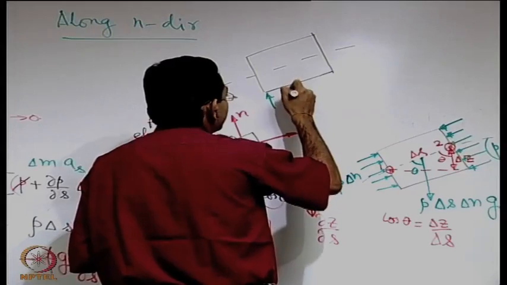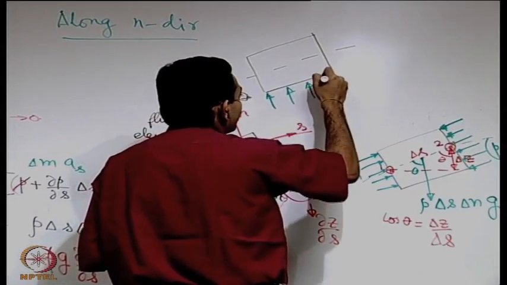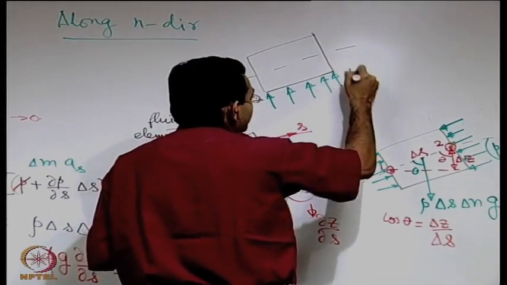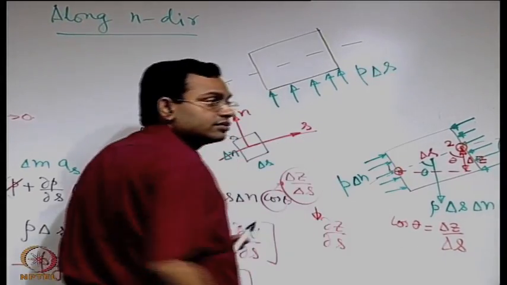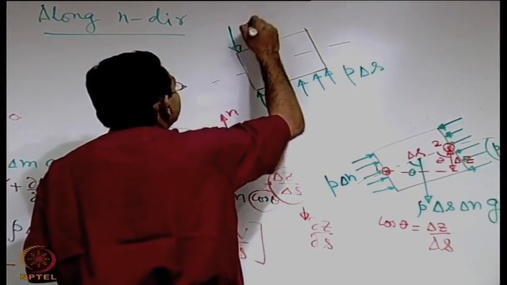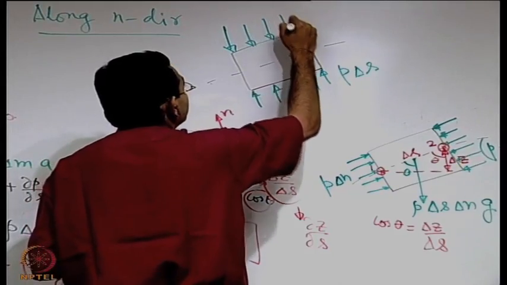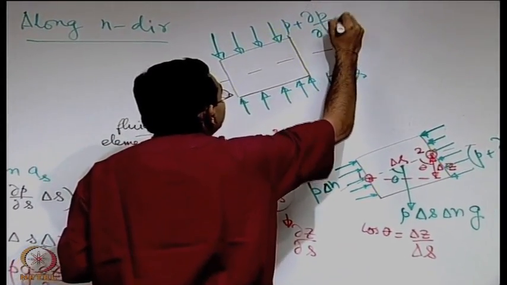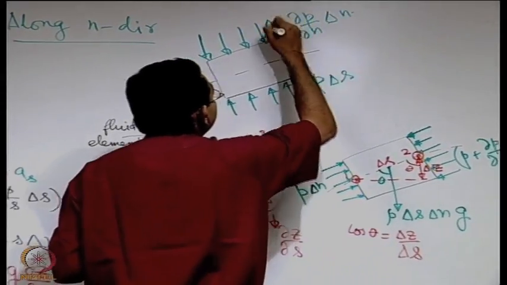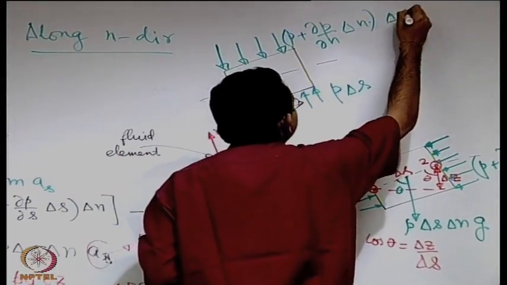Now you have, from this side what is the force? P into delta s, and from this side P plus the partial derivative of P with respect to n into delta n, that into delta s.